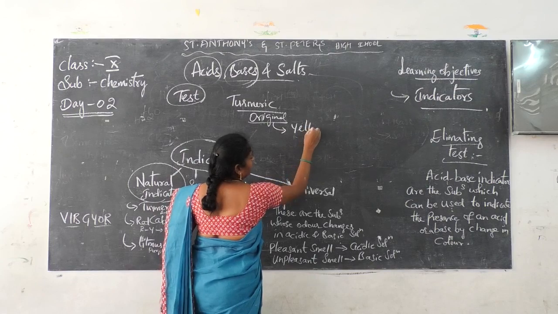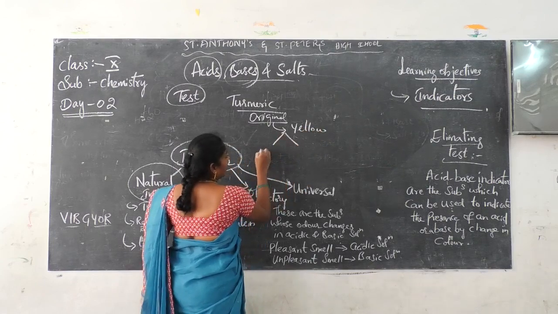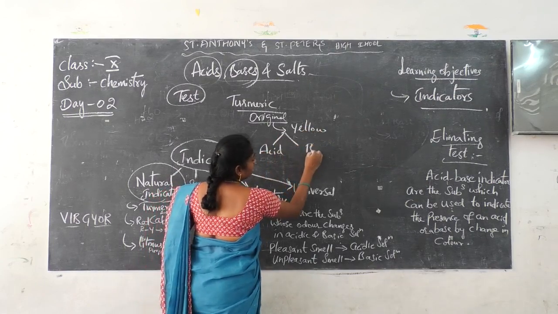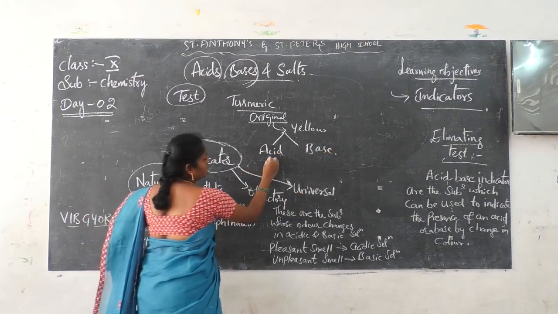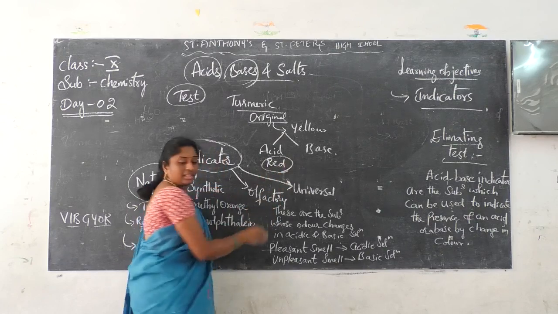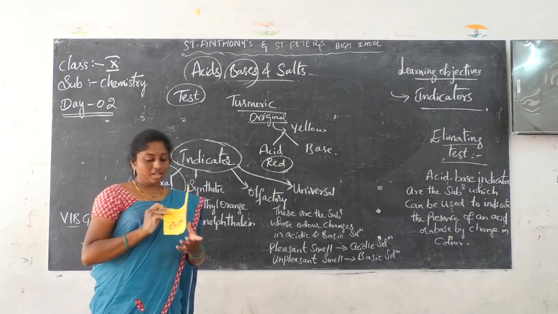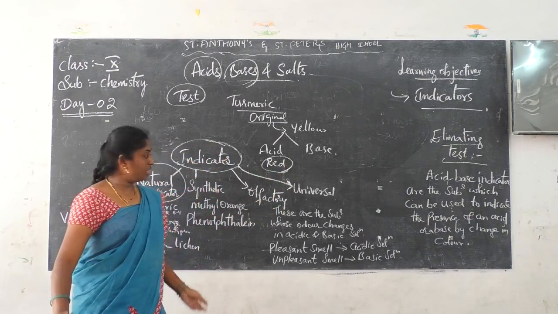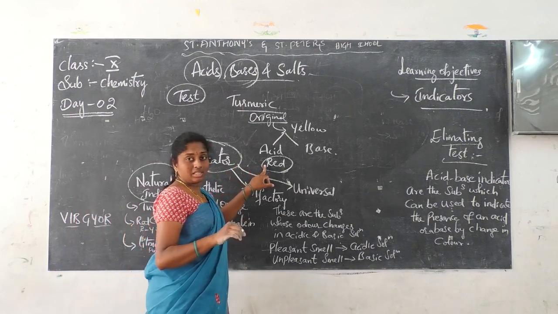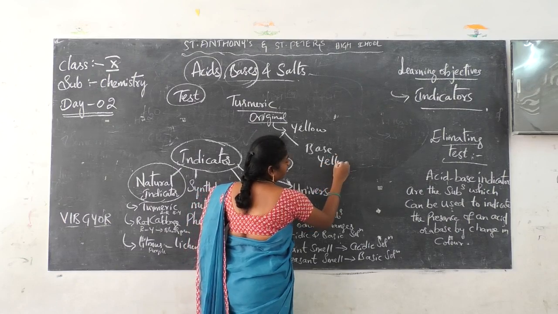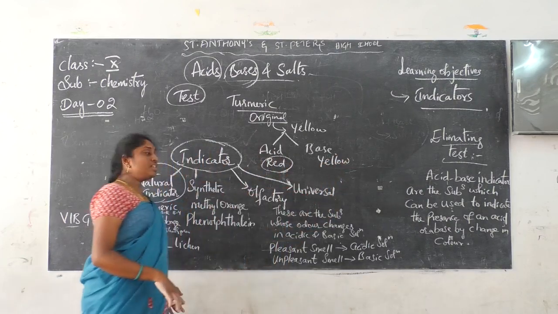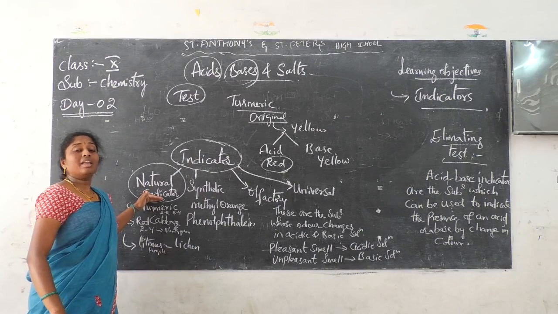But when it reacts with an acid, it changes into red. You can see the red spots forming, so that is an acid. And in the base, it remains yellow. So this is the first example to understand the natural indicator.